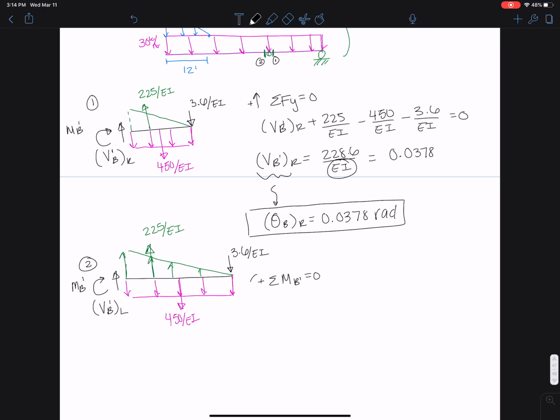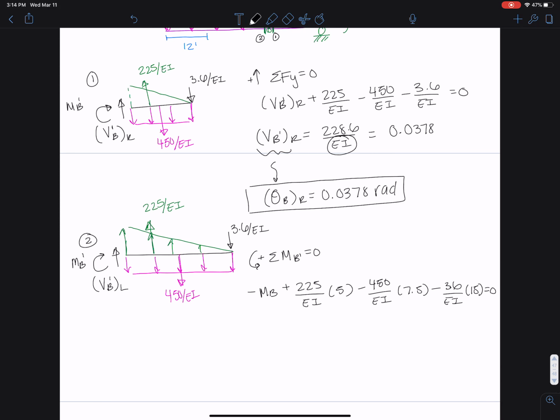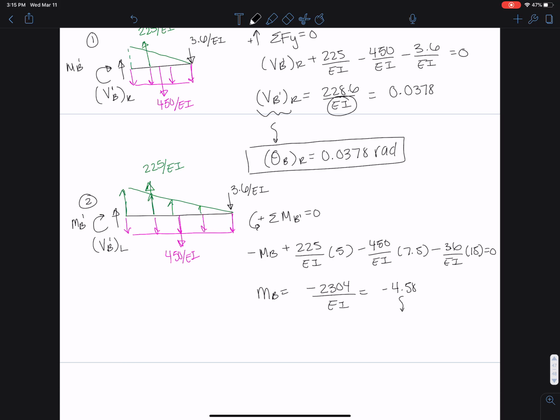Then I'm going to get this negative MB plus 225 over EI times 5 minus 450 over EI times 7.5 minus 3.6 over EI times 15, and I can get that MB equals negative 2304 over EI, and if I plug in E and I get negative 4.58, and we know that MB for the conjugate beam is really the displacement, the vertical displacement of the real beam, so I have 4.58 inches.